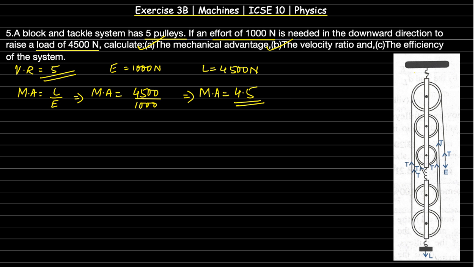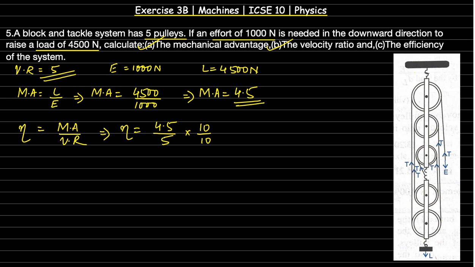Coming to the efficiency of the system. So for finding the efficiency of the system, we write it by the symbol eta. Efficiency is equal to mechanical advantage divided by velocity ratio. So for us, efficiency will be equal to mechanical advantage 4.5 divided by velocity ratio, that is going to be equal to 5. So 4.5 by 5, I multiply numerator and denominator by 10.